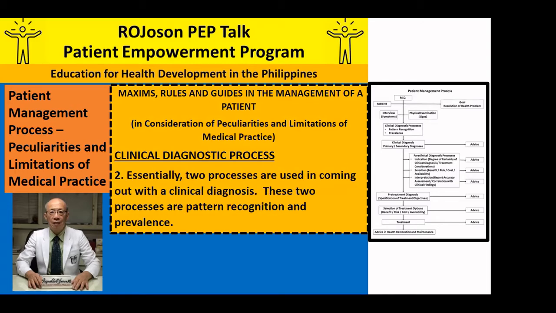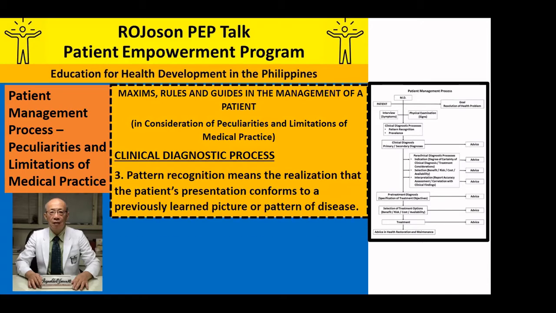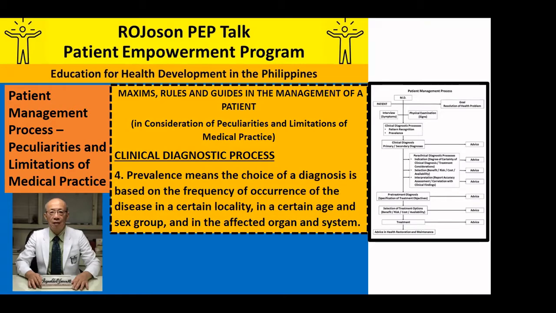Essentially, the two processes used in coming out with the clinical diagnosis are pattern recognition and prevalence. Pattern recognition just means the realization that the patient's presentation conforms to a previously learned picture or pattern of a disease.